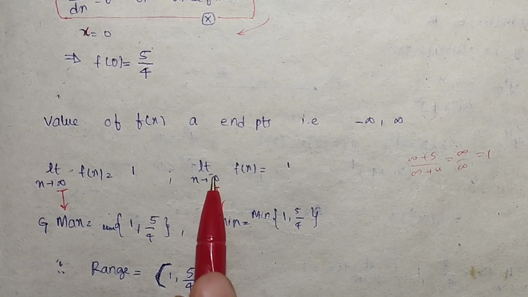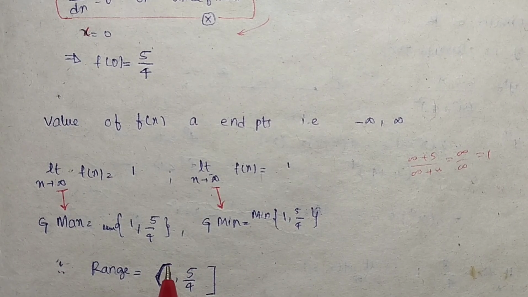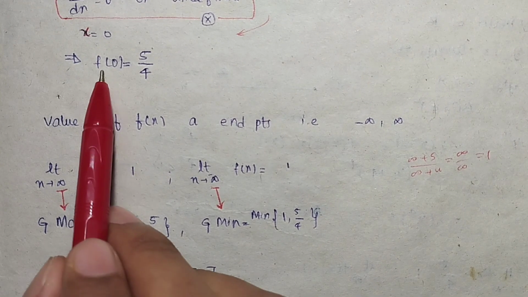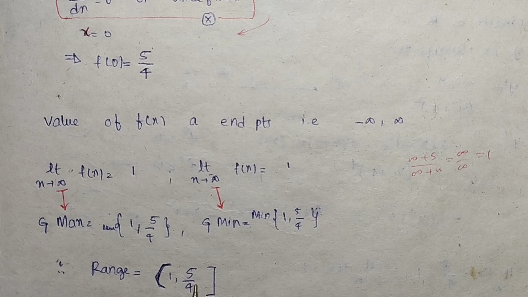Since minus infinity is not in the domain, it is not included, so we kept it open, and we got 5 by 4 from the critical point. So this is the range of the function, and this is the first method.